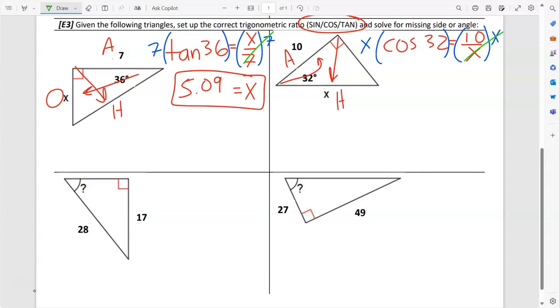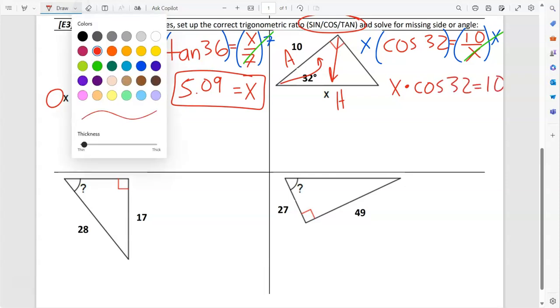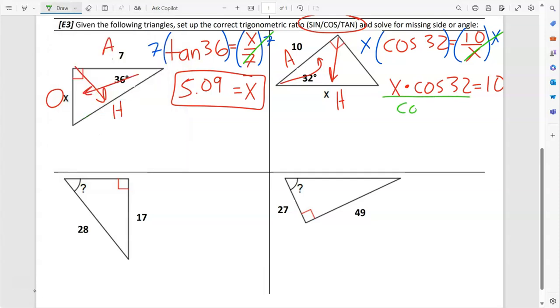So the next thing we want to do, rewrite it. X times cosine 32 equals 10. So we want to divide by that cosine 32 on both sides. Those cancel off. X is equal to 10 over cosine 32, which is equal to 11.79.